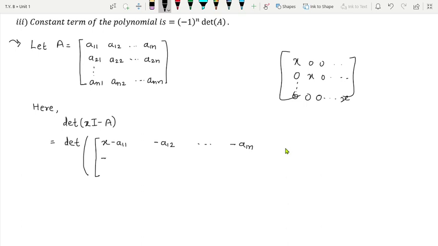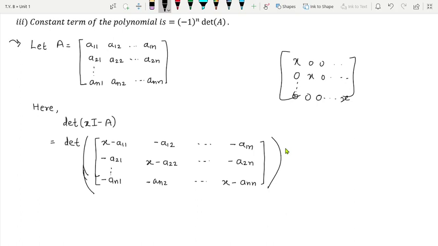Over here it will be minus a21, this will be x minus a22, this will be continued. Over here it will be minus a2n, this will be continued, and at last you will have minus an1, minus an2, this will be continued, and over here x minus ann. Now you have to find determinant of this matrix.